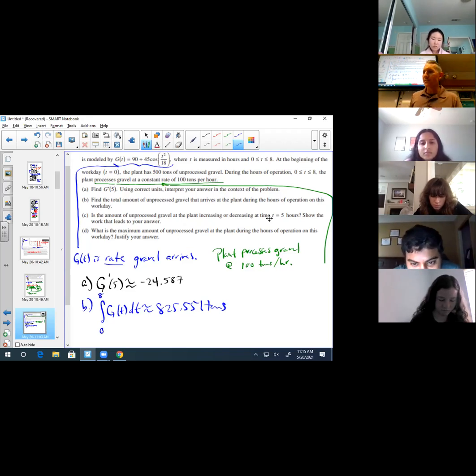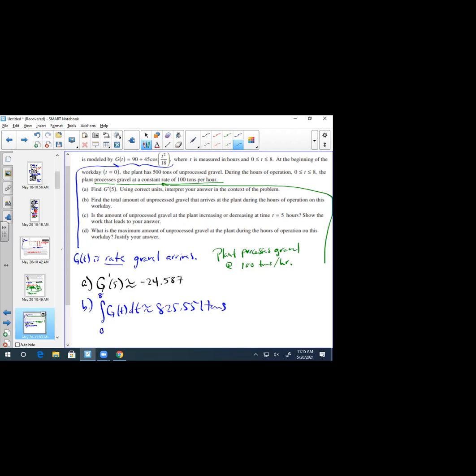Go back to C, and what does it say? Is the amount of unprocessed gravel at the plant increasing or decreasing at t equals 5? So all I'm saying is you're comparing G of 5 and 100, or you're looking at G of 5 minus 100.